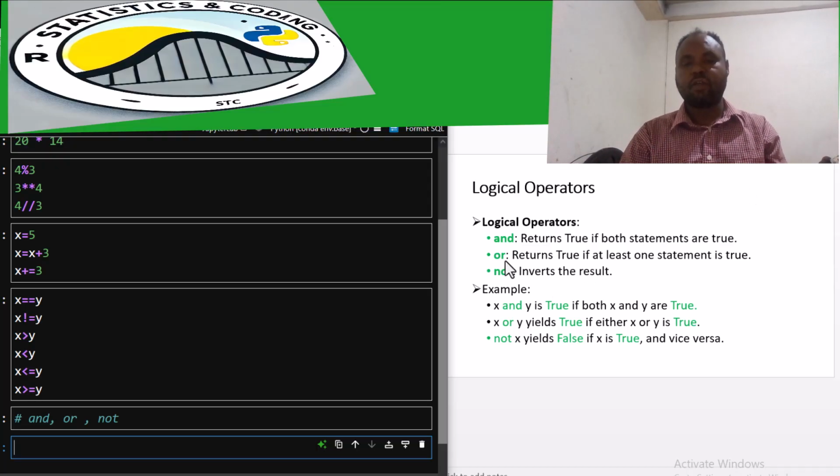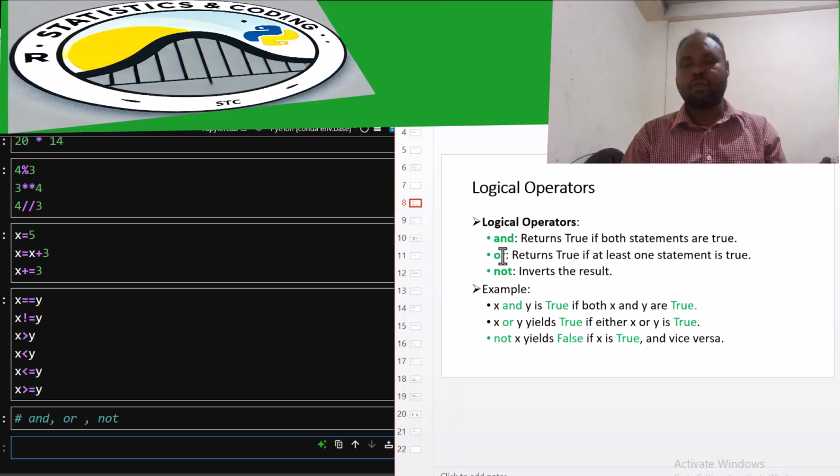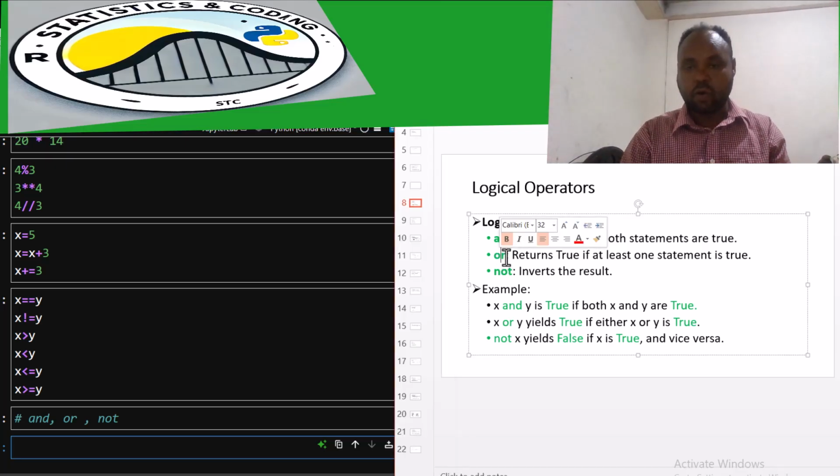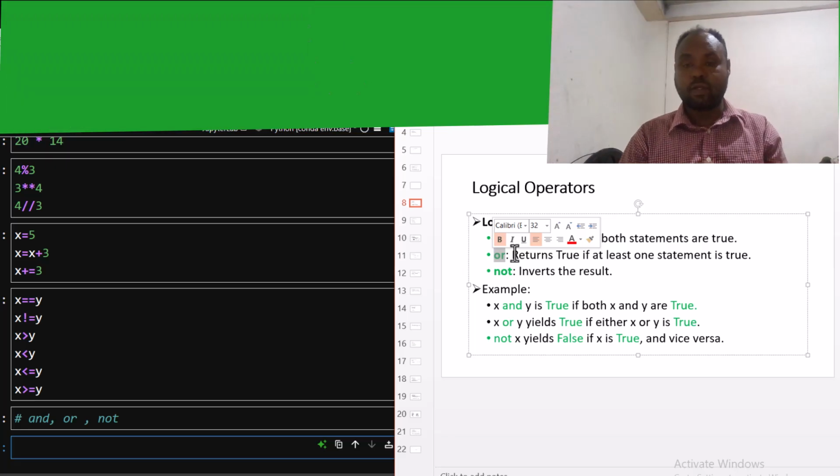Otherwise, if the two statements are connected using or, the expression returns true if at least one statement is true, right?